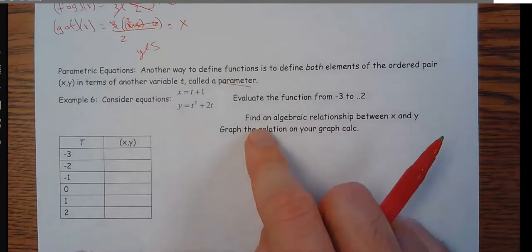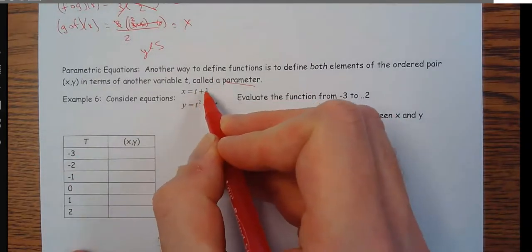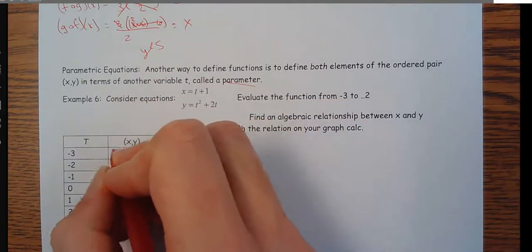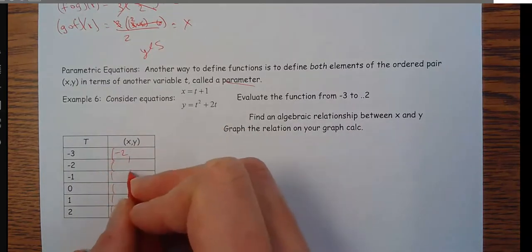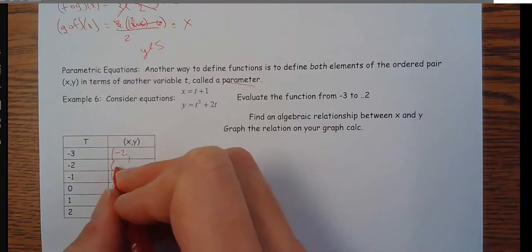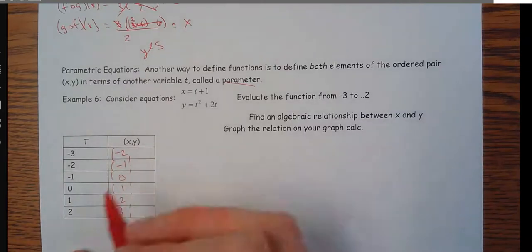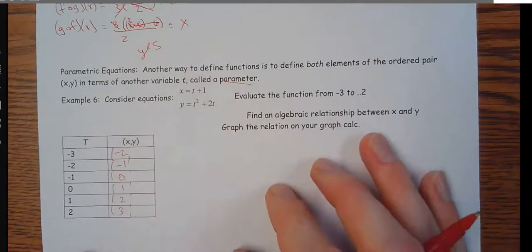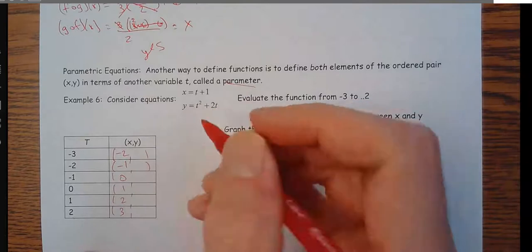So if t is -3, that'd be -3 plus 1 is -2, so that'd be your x value. And you could go through and do all the x values first if you want, just adding 1 every time, so it'd be -1, 0, 1, 2, and 3. Now the y's you get by taking t squared plus 2 times t.